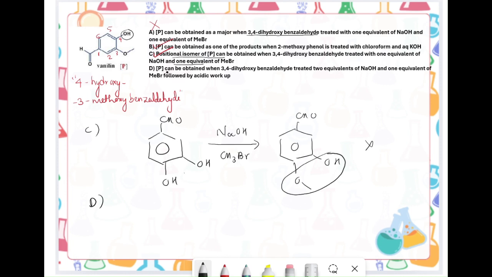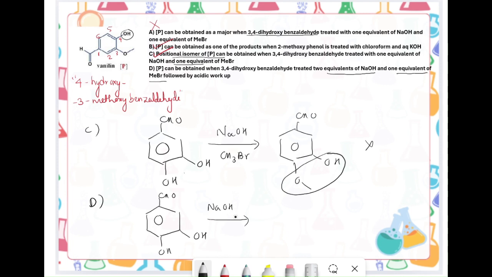All right. Now, P can be obtained when 3,4-dihydroxybenzaldehyde, again you can write the 3,4-dihydroxybenzaldehyde, right? It is treated with 2 equivalents of NaOH and 1 equivalent of methyl bromide. This is quite interesting.